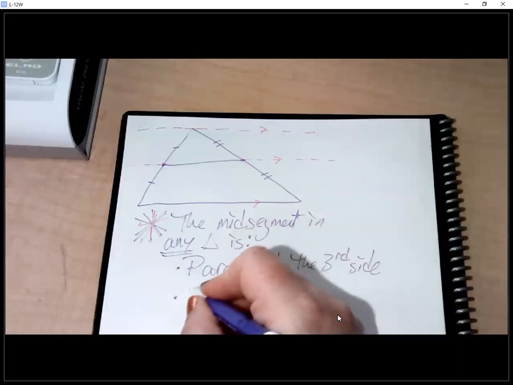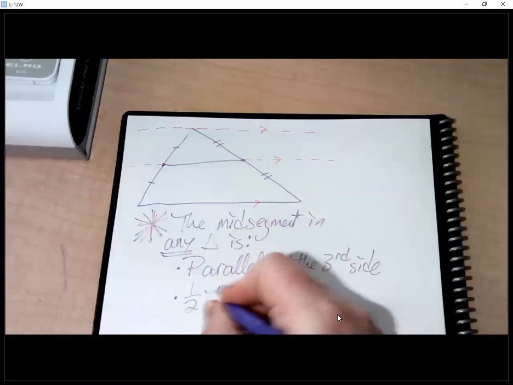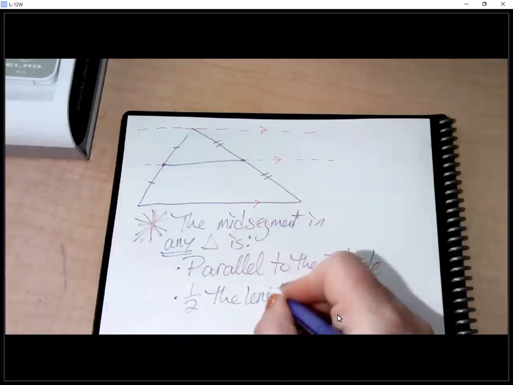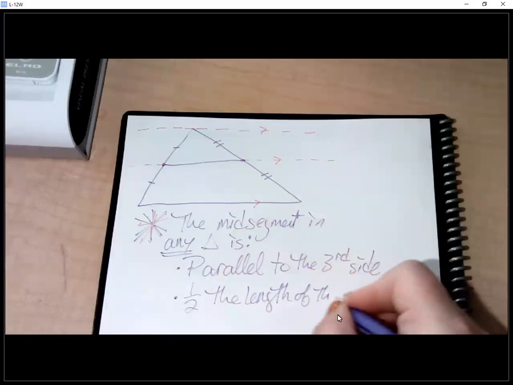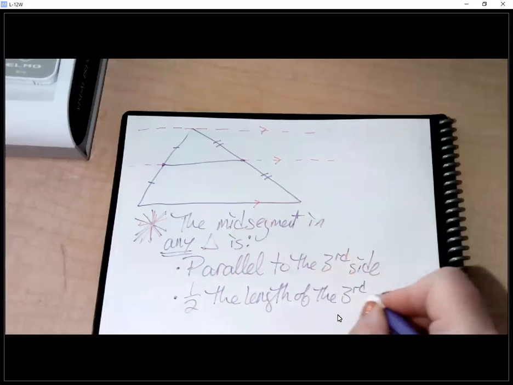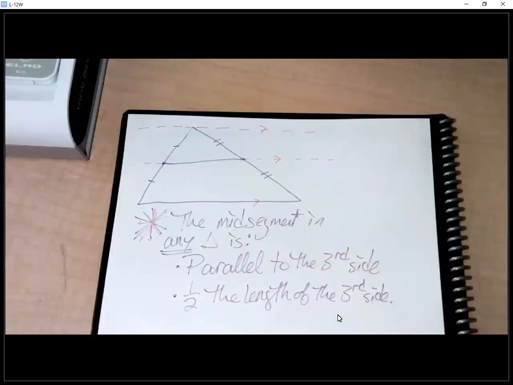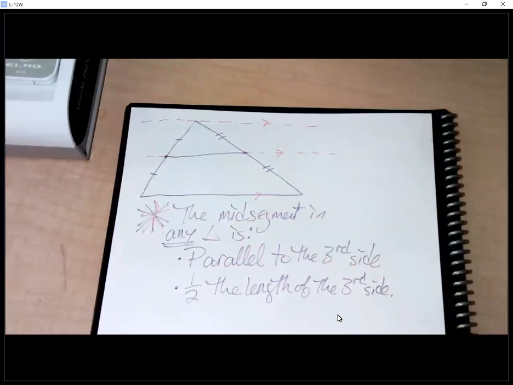Half the length of the third side. That is so cool.